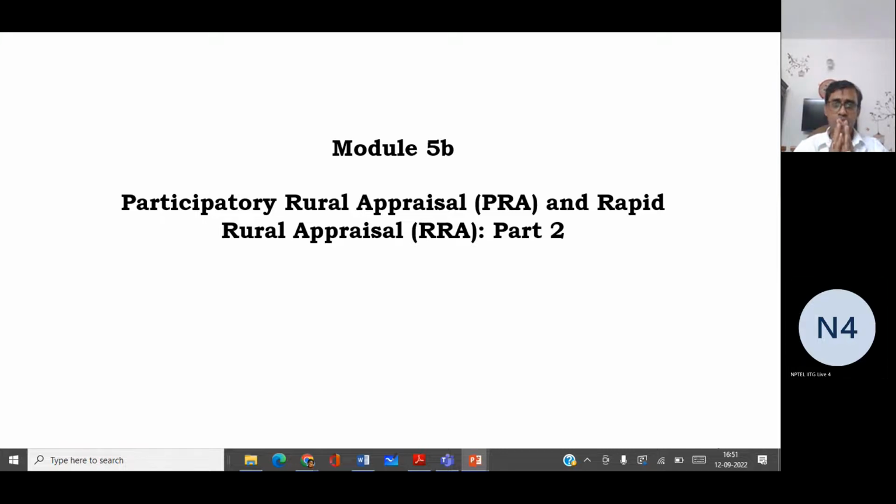These two tools, participatory rural appraisal and rapid rural appraisal, basically help you to understand how the community, how people are getting the benefit of the natural resources, and also how they are maintaining the natural resources, and if resources are not maintained properly, then what could actually happen, the impact side also. So all that information you can generate through participatory rural appraisal or rapid rural appraisal.